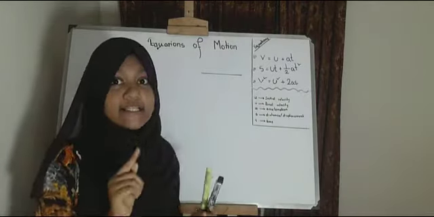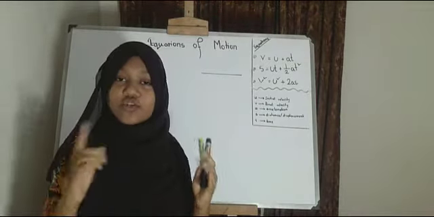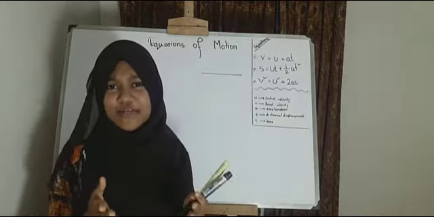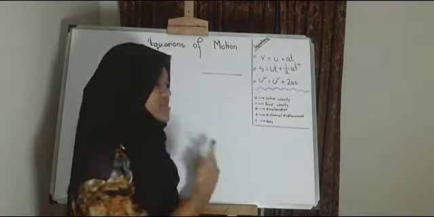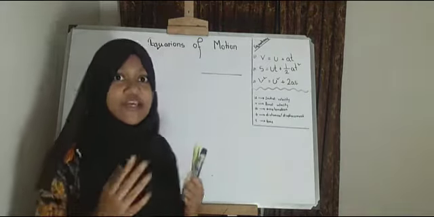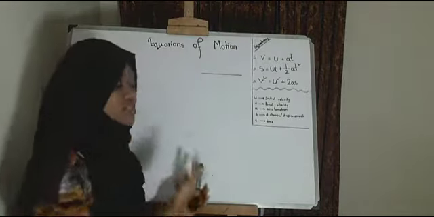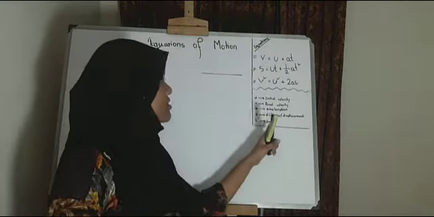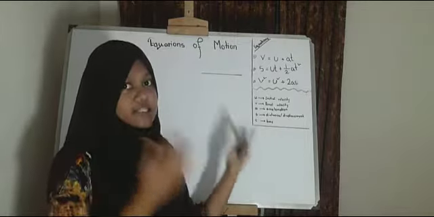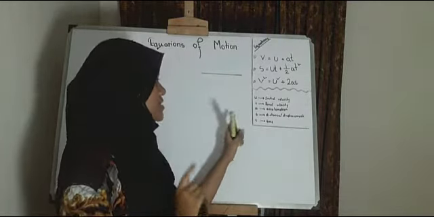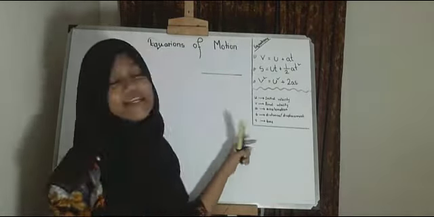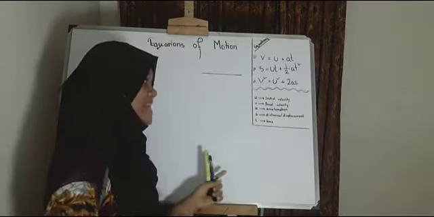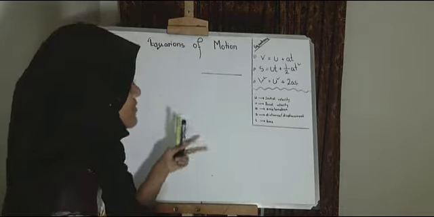That's why, as this is a linear path, displacement and distance are equal. You know the terms distance and displacement, I hope, because this video is all about the equations of motion. So whether it's distance or displacement, we'll use the letter S. And T, obviously we know it means time. Okay, so everything is clear.